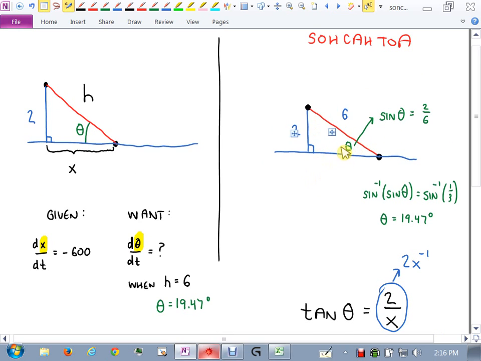I know that sine is the opposite side divided by the hypotenuse. So I wrote sine of theta is 2/6. I wanted to know what theta was. So to get theta out of sine, I have to come in with the inverse sine on both sides, which is what I did right here. When you take the inverse sine of sine, these cancel and you're left with just theta. When you take the inverse sine on the right side, you have to get your calculator out.